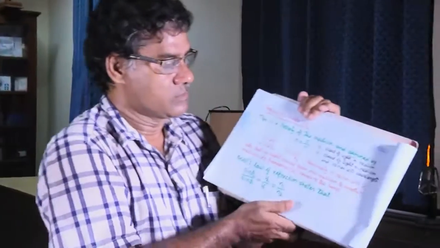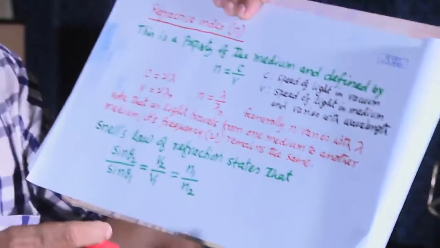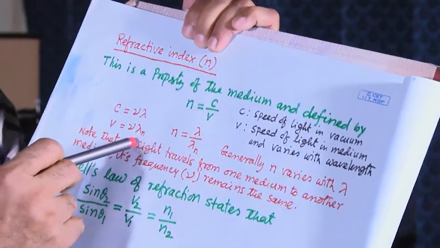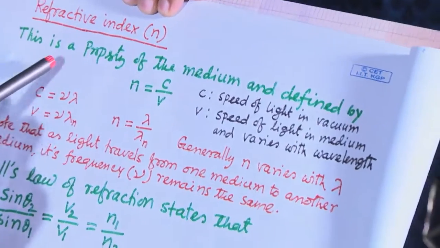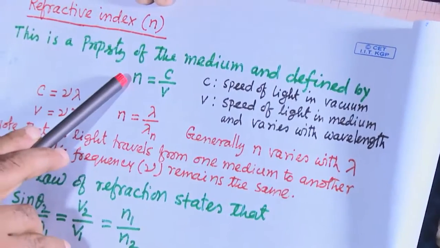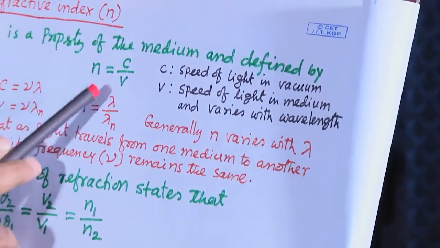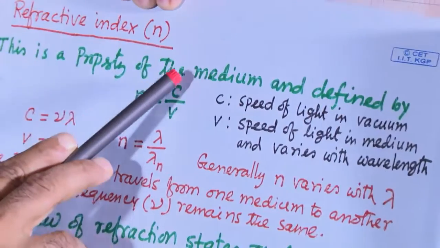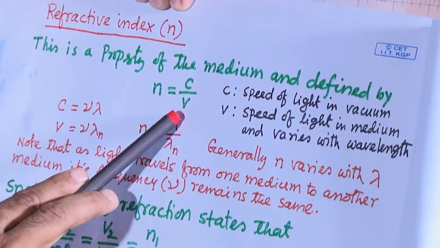So then the refractive index is very important for refraction. This is a property of the medium and is defined by n, the refractive index, equal to the velocity of light in vacuum divided by the velocity of light in the medium.